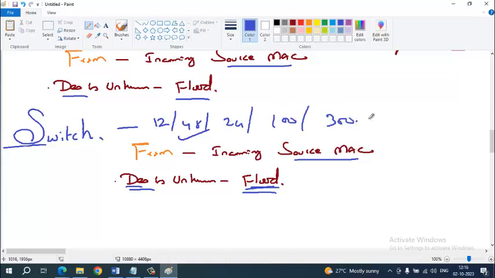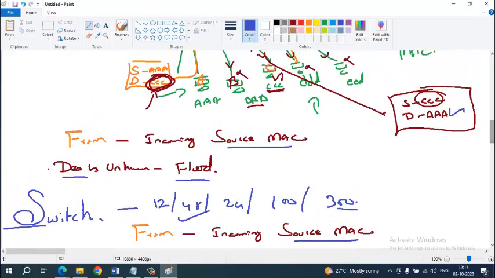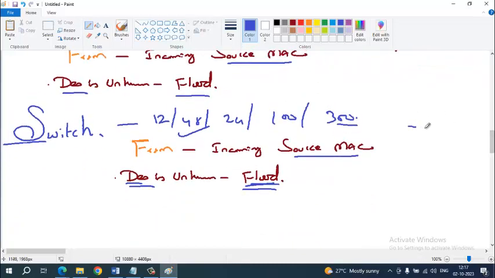Switches have more power. I'm trying to say how they are the same, and later I'll say how they are different. They are the same because they both have more collision domains and one broadcast domain.